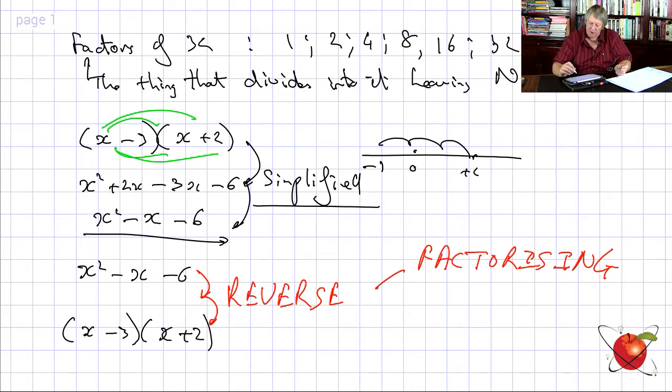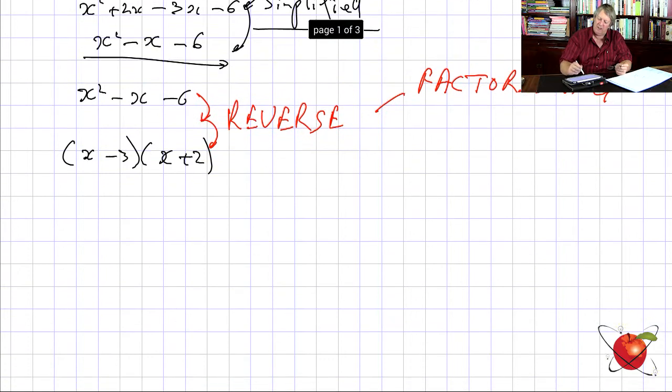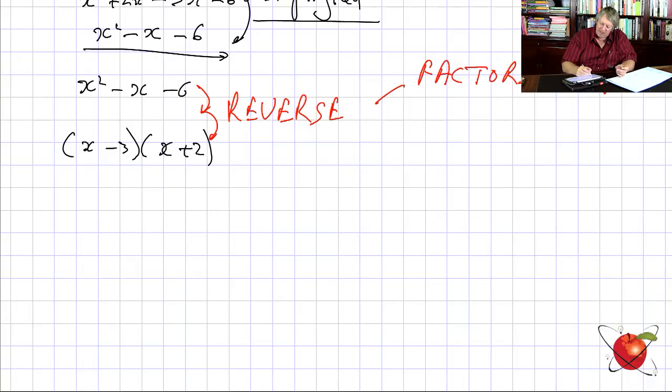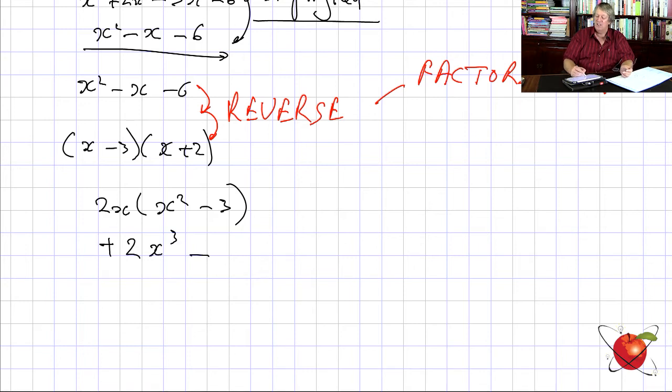Hold that in your mind for a second. When we factorize, we are doing the reverse of multiplying the brackets out. So if I had 2x and x squared minus 3, let's multiply it out. 2x times x squared is 2x cubed, and 2x times minus 3 is minus 6x.